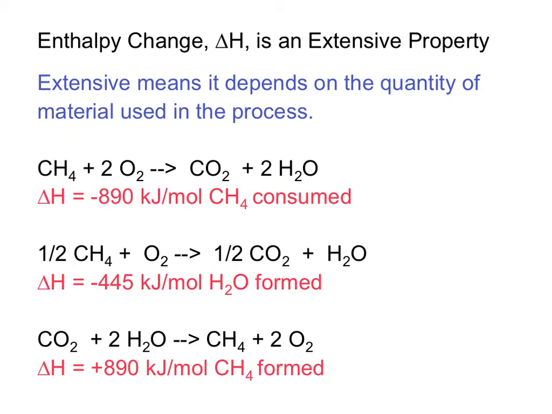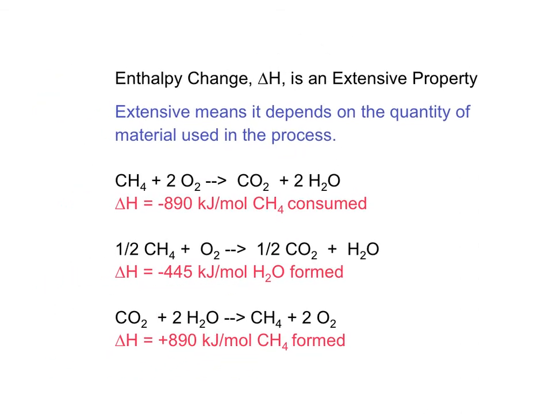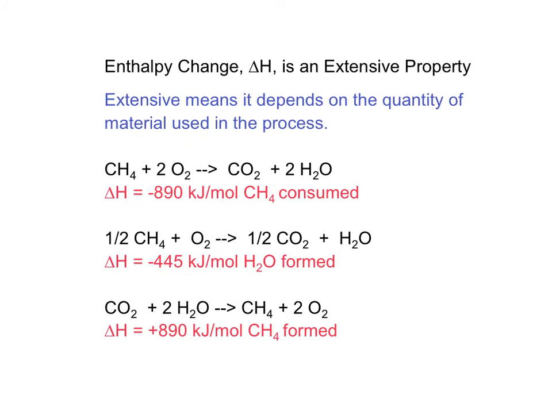All right, the next topic is enthalpy change, and the fact that enthalpy is characterized as an extensive property. And extensive, not something we talk about every day, but it means that it depends on the quantity of the material used. For the combustion of methane, methane plus oxygen forms CO2 and water, delta H for this, notice it's per mole here, is negative 890.